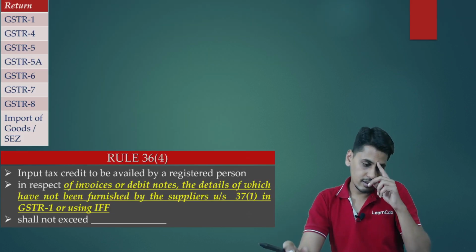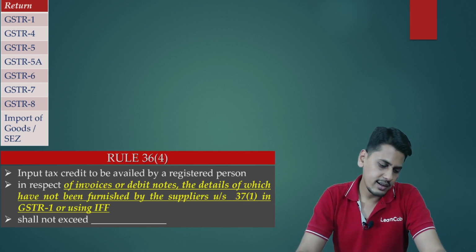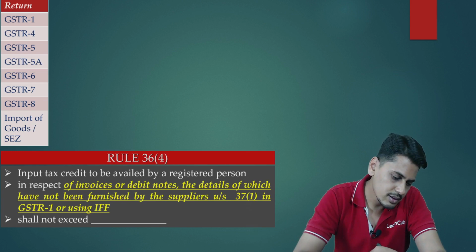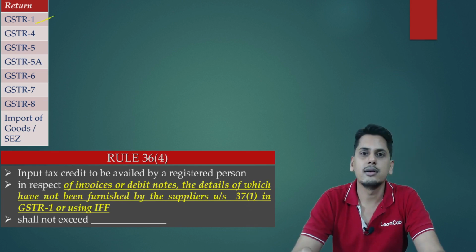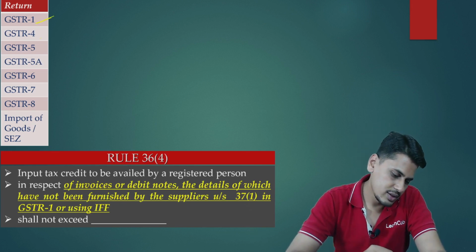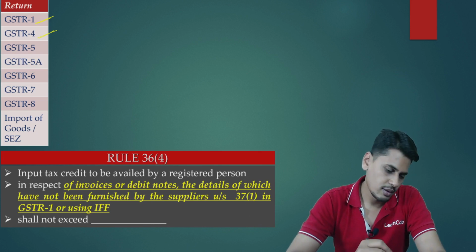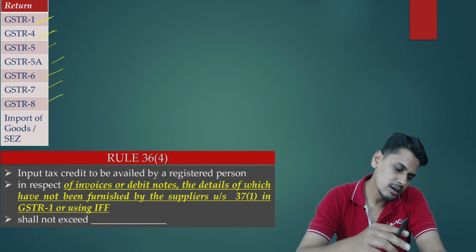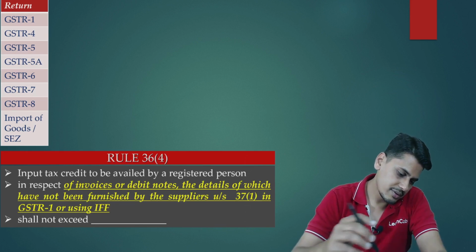Now friends, what are the returns which are being filed? GSTR-1 has to be filed, GSTR-4, GSTR-5, GSTR-5A, 6, 7, 8. Why are we discussing this?